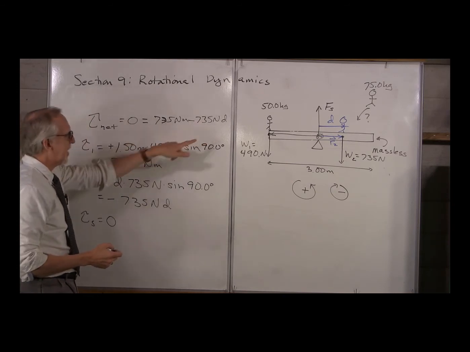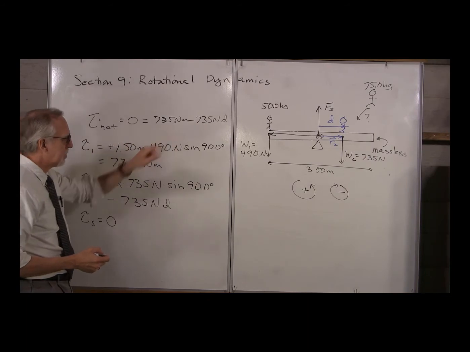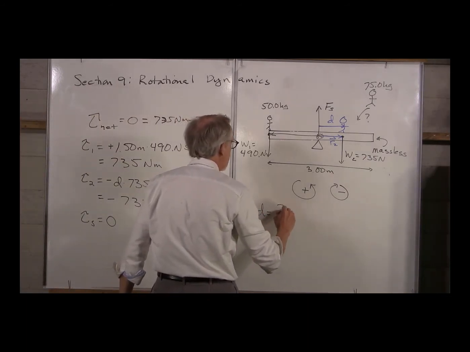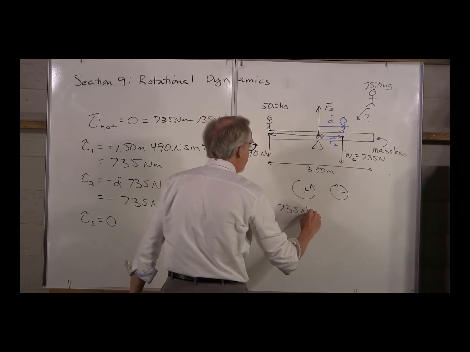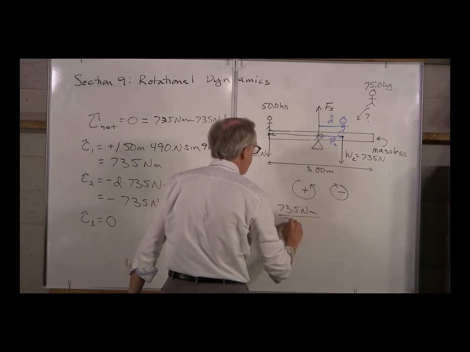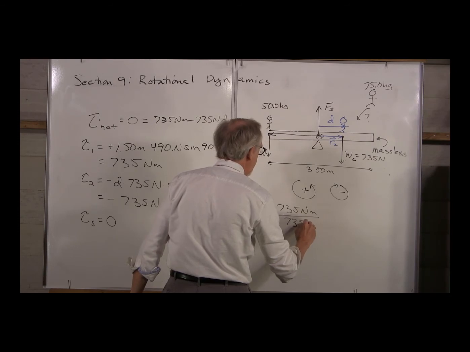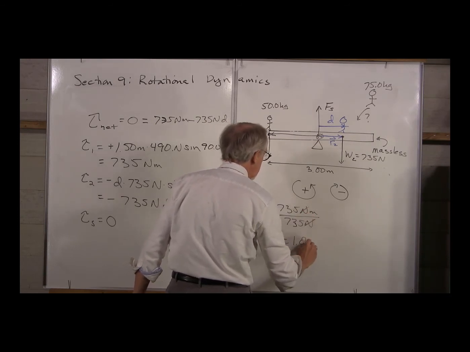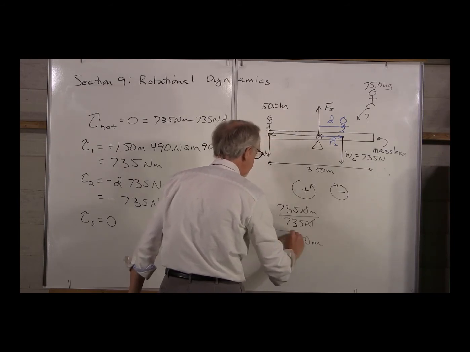Bringing the 735 newtons d to the other side, divide by 735 newtons, and what do we have? We have d equals 735 newton meters divided by 735 newtons, leaving us with d equals 1 meter.